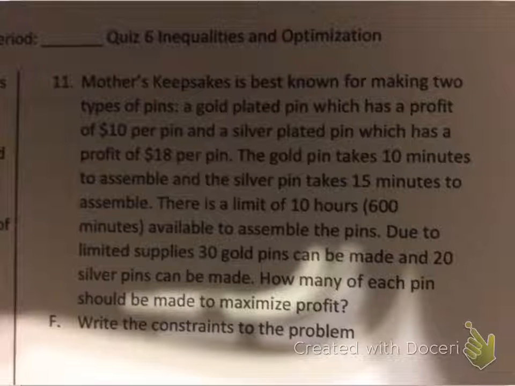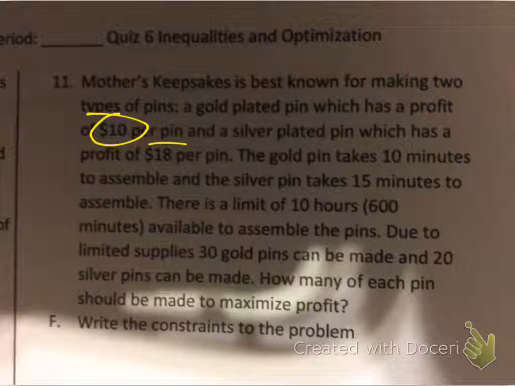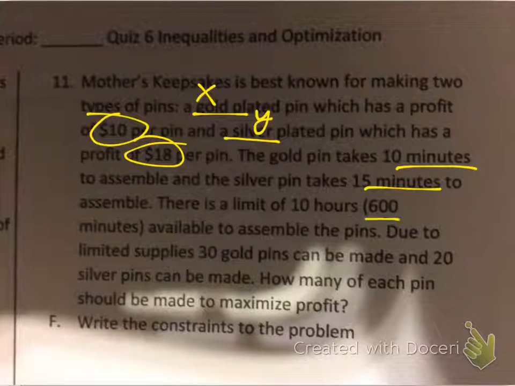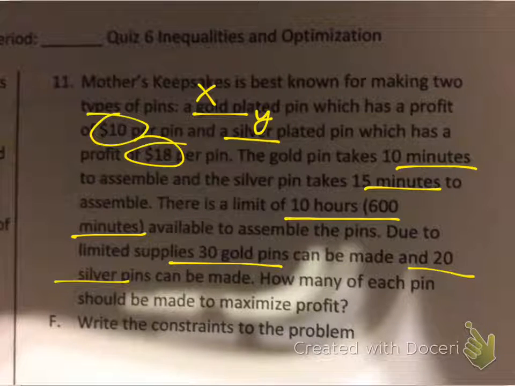So now let's look at the mother's keepsakes. Same idea, and kind of go from there. Okay, so mother's keepsakes, I'm going $10, $18, and I notice before 10 there's gold, that's X. Before silver, or before 18, there's Y, silver. 10 minutes, 15 minutes, 600 minutes, 30 gold, 20 silver.